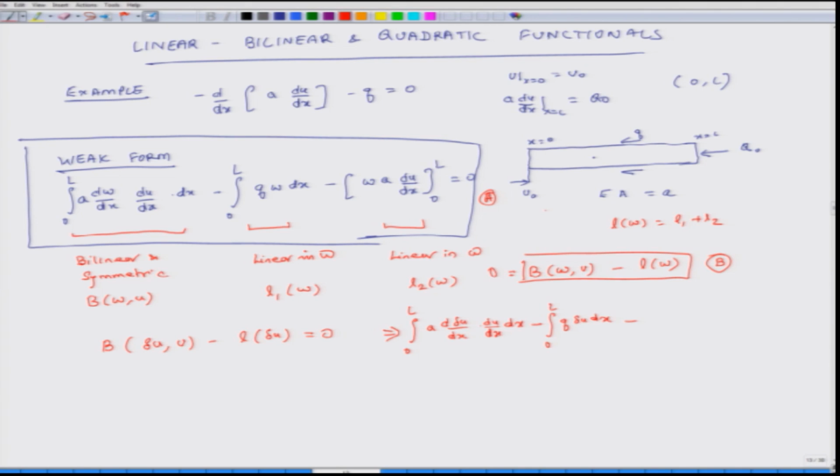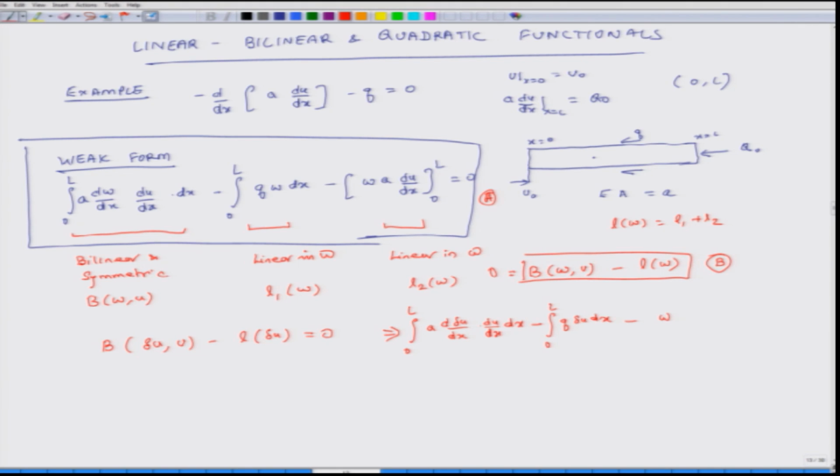Sorry, at x equal to 0, u is known, yes, which means the variation of u at x equals 0 will be 0. So, that term will not exist, at least in the context of this problem. So, the only term which will exist is the term associated with the x equal to L position. So, this is equal to W and A du dx.